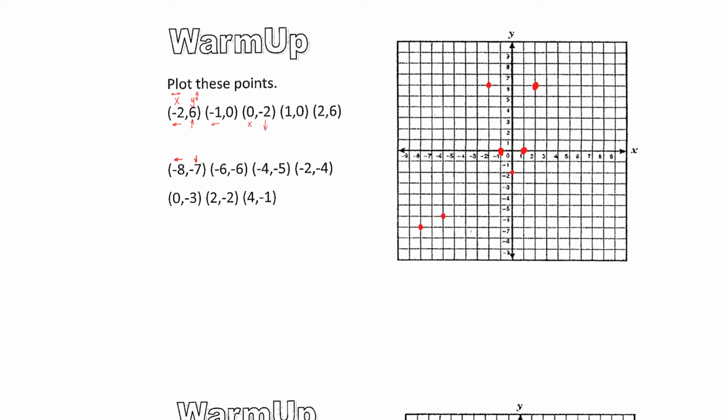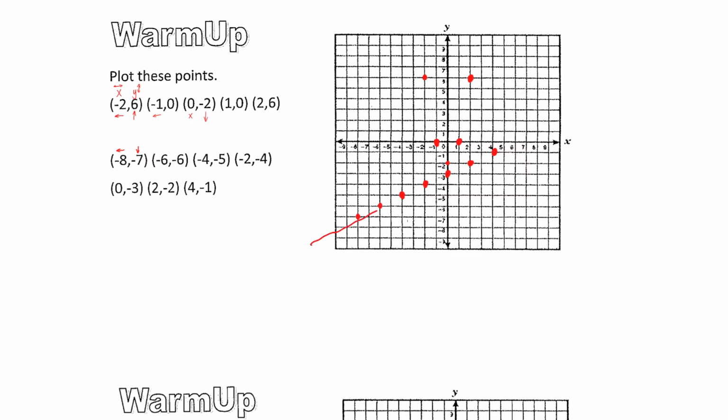Negative 4, negative 5. Negative 2, negative 4. 0, negative 3. 2, negative 2. And 4, negative 1. And so, yeah, that was right. That's what I intended.